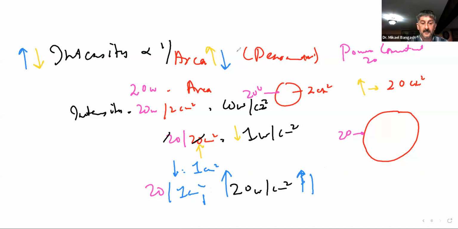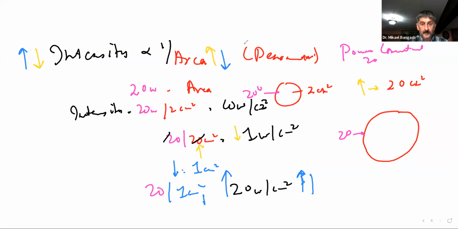In all these instances, as you can see, the area of 2 centimeters squared was our initial standard, from where we go on to increase and decrease. We end up with 10 watts per centimeter squared. When we increase the area, our intensity got reduced. When we decrease the area, the intensity got increased.